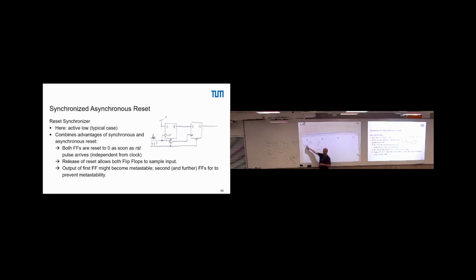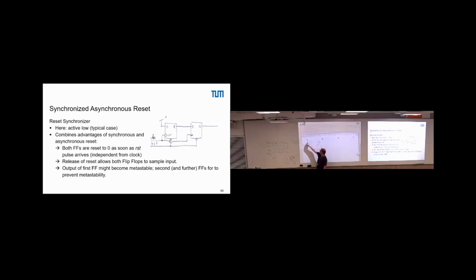Let's say we are in a state where we want to reset our system. We trigger the reset, so pull the reset signal to 0. That triggers the reset for this flip-flop, which, because it's an asynchronous reset, immediately propagates into our system and resets the complete system to a default state, right? Now we want to start off from this initialized state and release the reset.